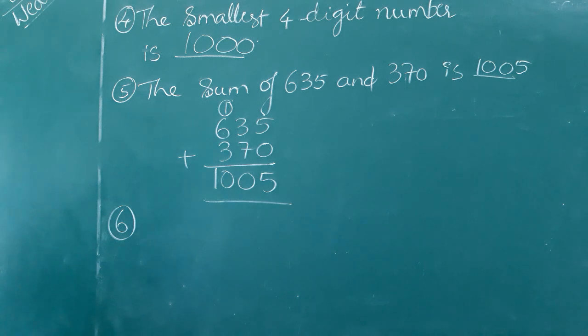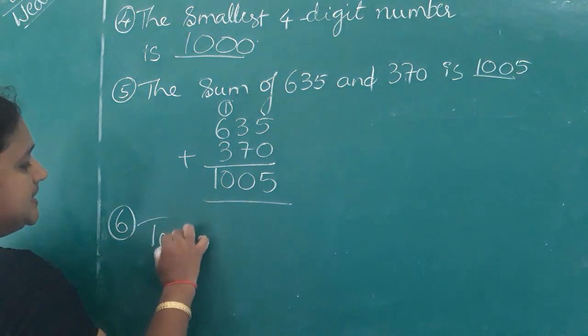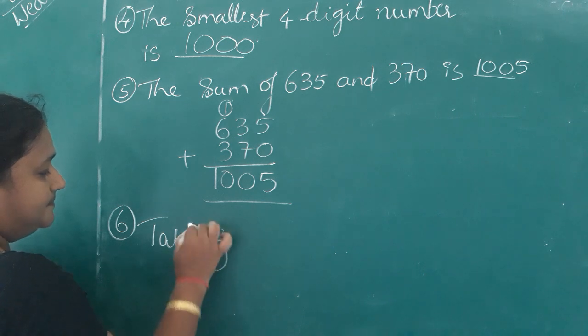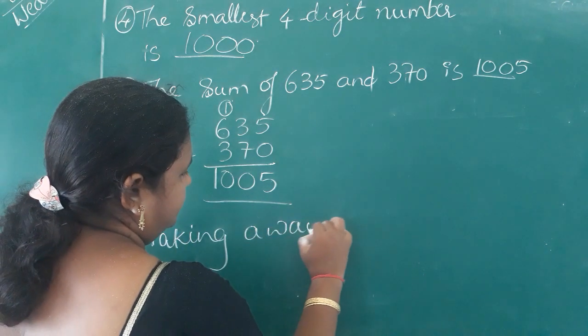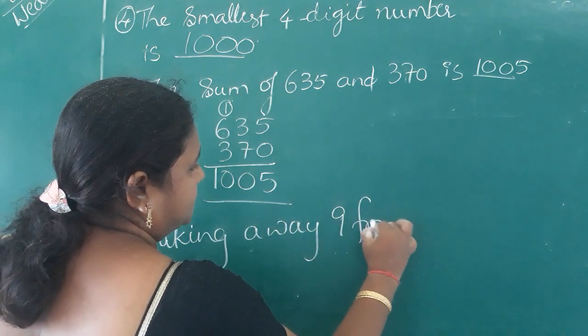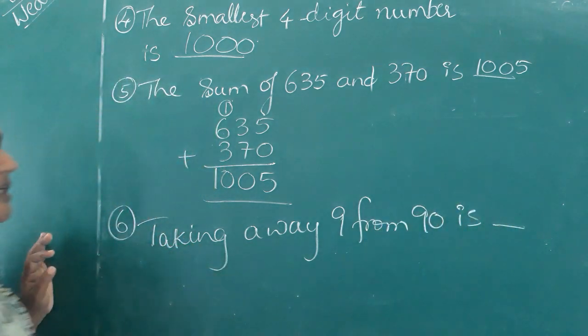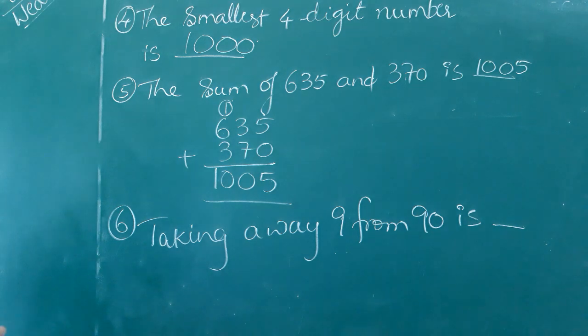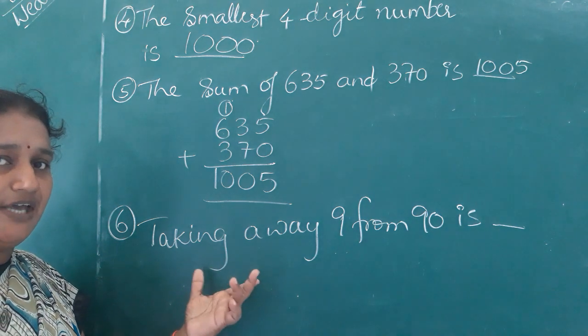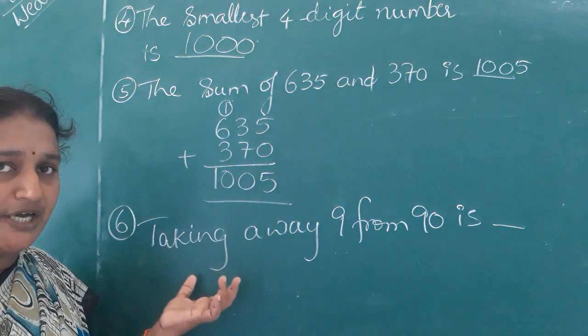Taking away 9 from 90 is. Listen now. 9 from 90. The word taking away, if you listen, what do you have to do?